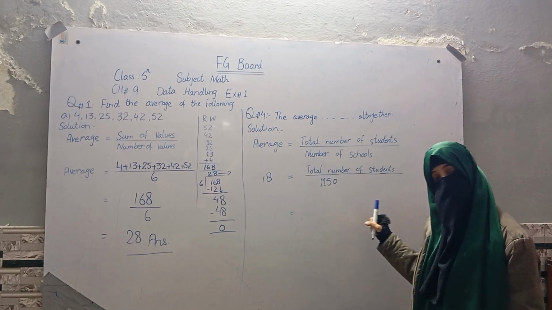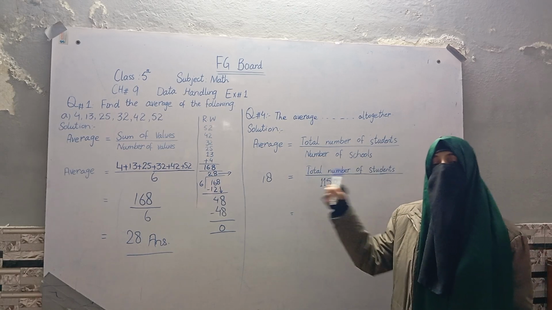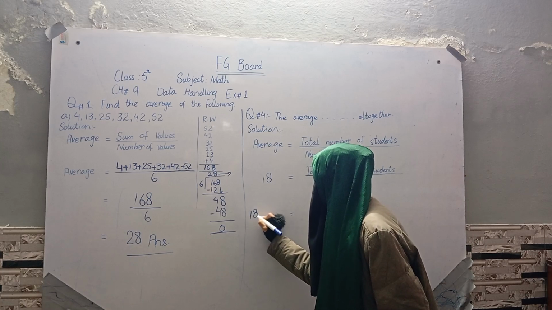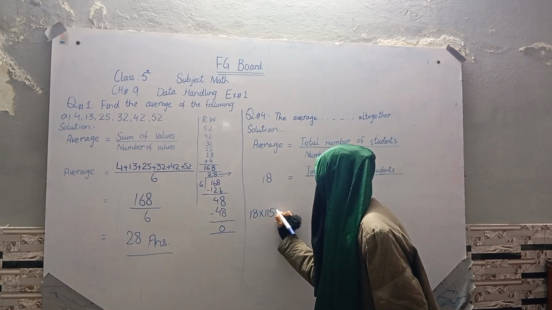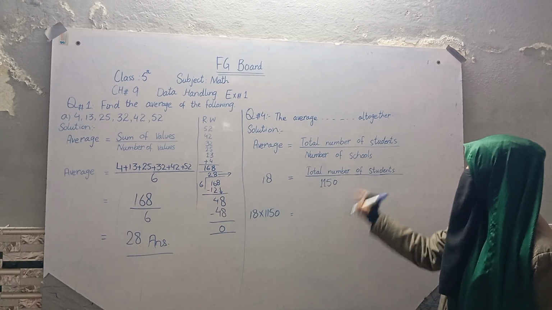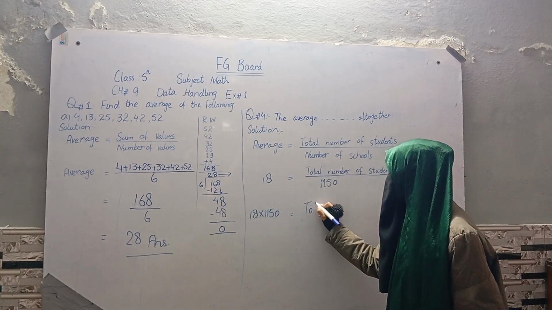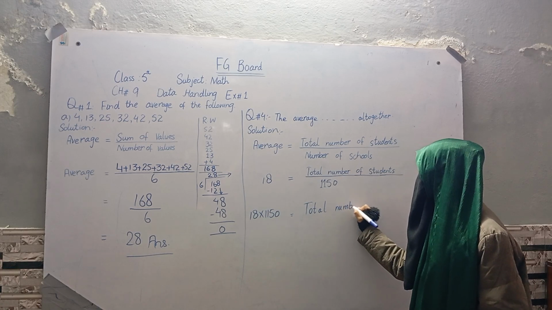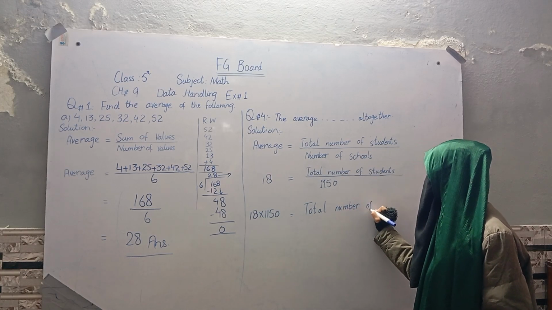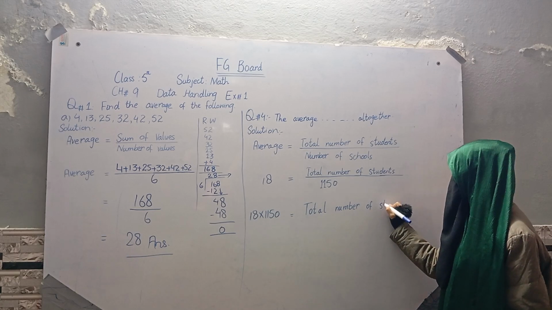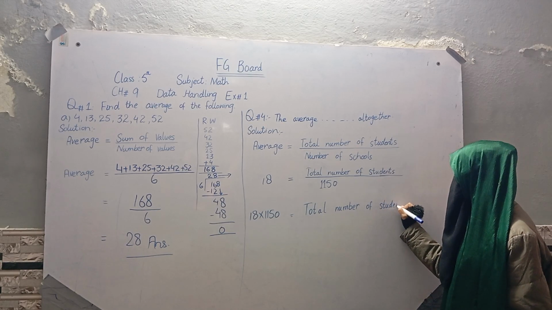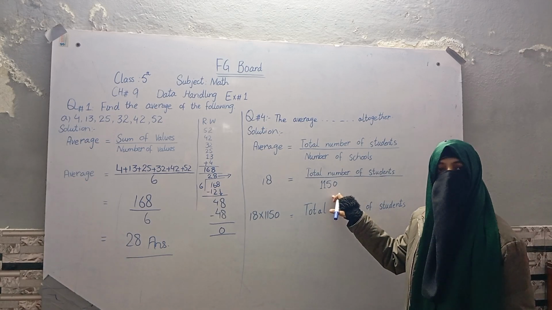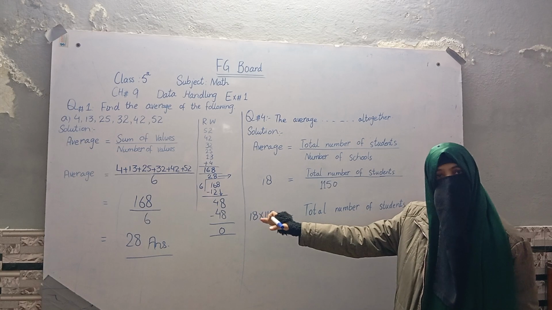If any value is multiplied, on the other side it will be divided. So I write here 18 multiply 1150, and here I write as it is, total number of students. Clear? Okay. You see, because 1150 has gone with the 18.